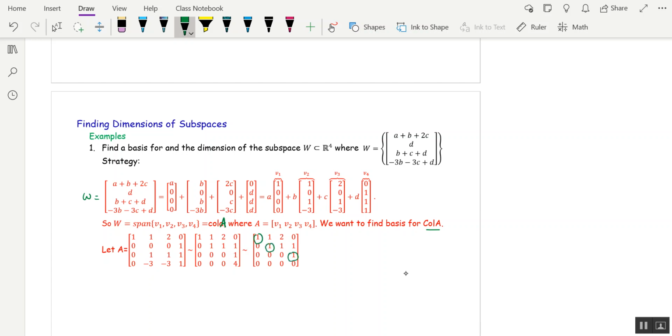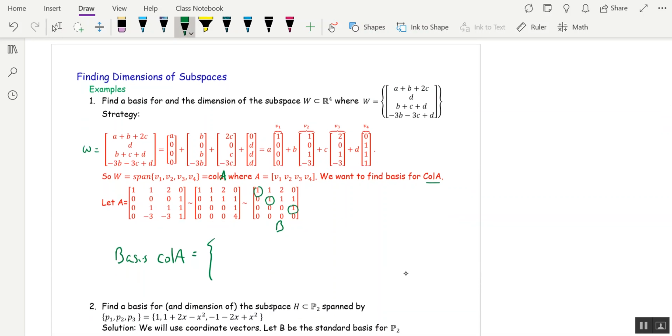Now recall from section 4.3, the way to find a basis for Col A is to reduce A to echelon form B, and then we don't take the pivot columns from B, we take the columns from A that correspond to the pivot columns in B. So a basis for Col A is, I want columns 1, 2, and 4 from A: (1, 0, 0, 0), (1, 0, 1, -3), and finally (0, 1, 1, 1).